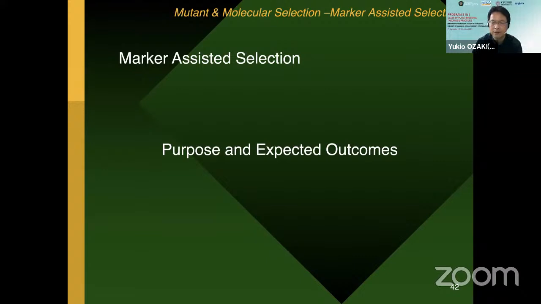Nonetheless, molecular markers are used to a considerable extent in plant breeding. Marker-assisted selection is the application of molecular markers in plant breeding. Molecular breeding is the application of biotechnological tools in crop improvement.